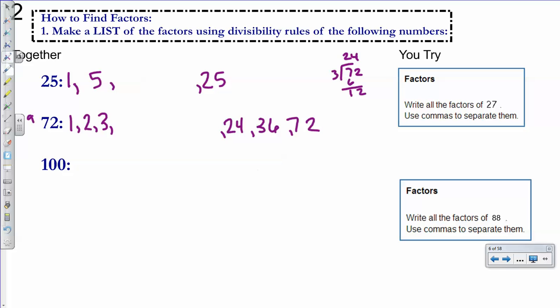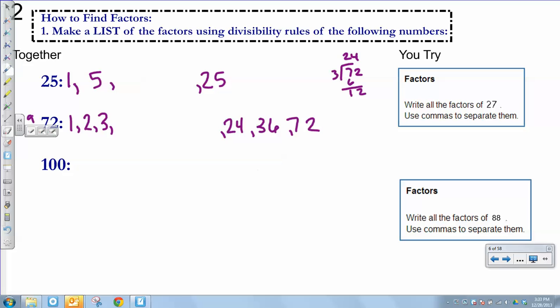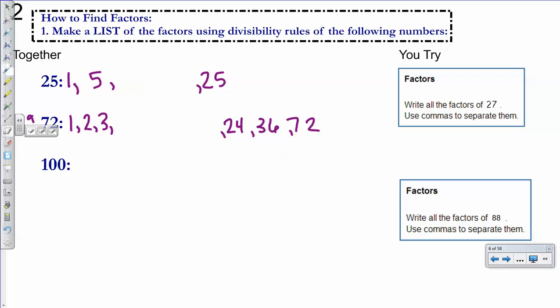If the last 2 numbers are divisible by 4, so let's do 72 divided by 4. That works. 4 and 18. So my 2 factors of 72 are 4 times 18 equals 72. So I'm going to write in a 4 and an 18.